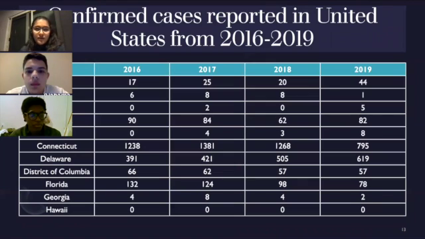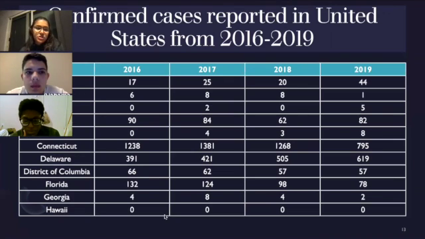So here we have confirmed cases in the United States and how it has progressed over 2016 through 2019. As Sky discussed, we start to see a lot of the confirmed cases are more up north.